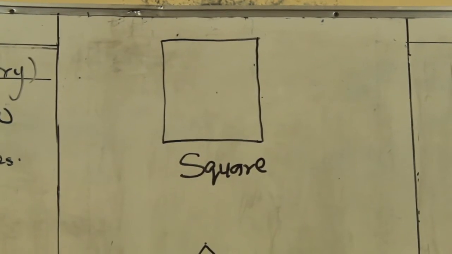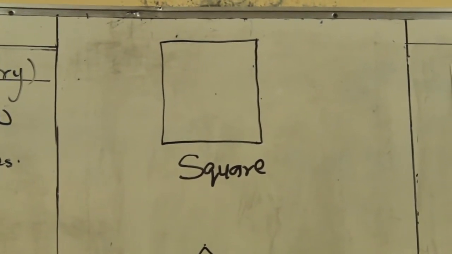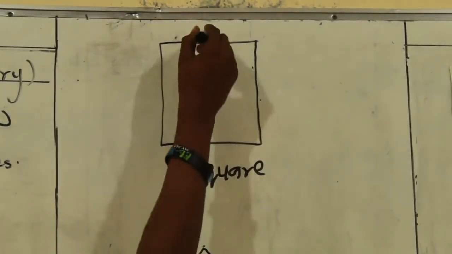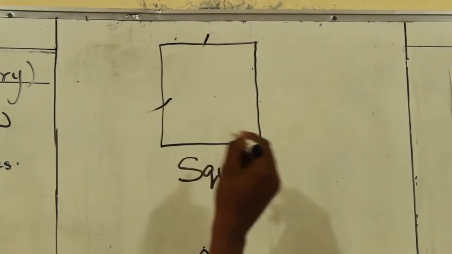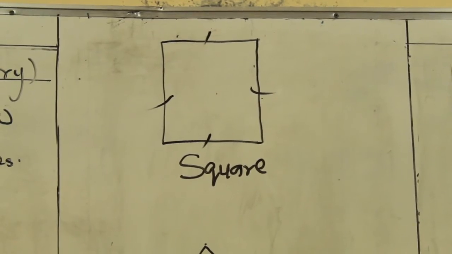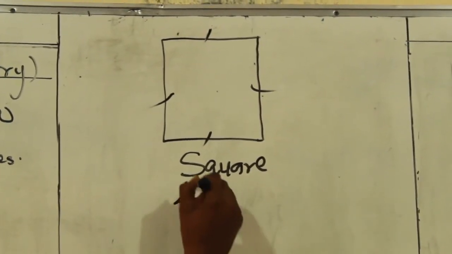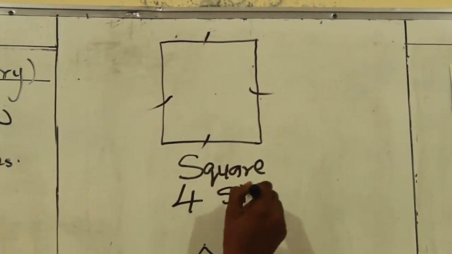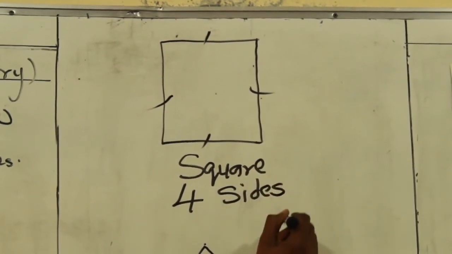But let's find out how many sides a square has. 1, 2, 3, 4. So a square has 4 equal sides.